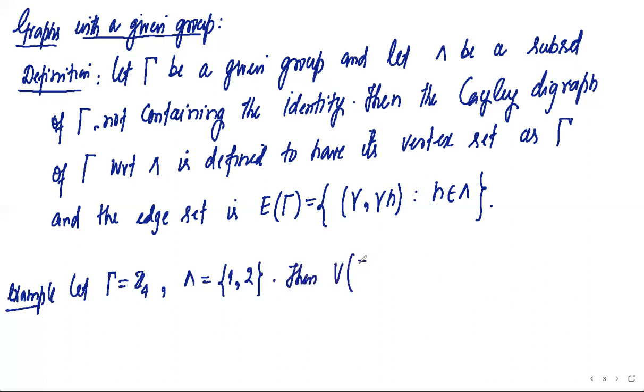So then the vertex set of this gamma, we will first introduce the notation here. This is denoted by D, which is defined as D with vertex set gamma, and the edge set, not actually the edge set, this is D of gamma, tilde, the digraph of the group gamma with respect to the chosen subset tilde.